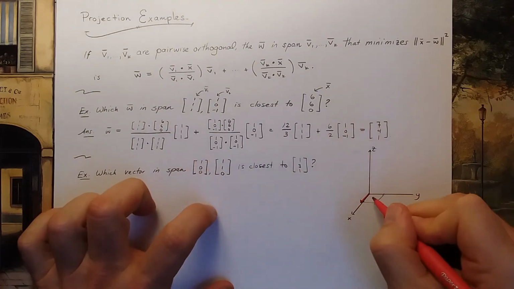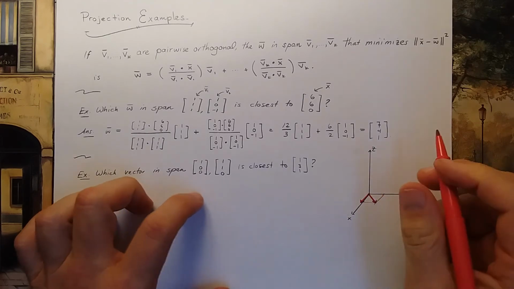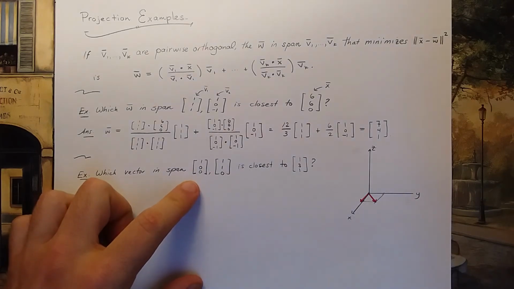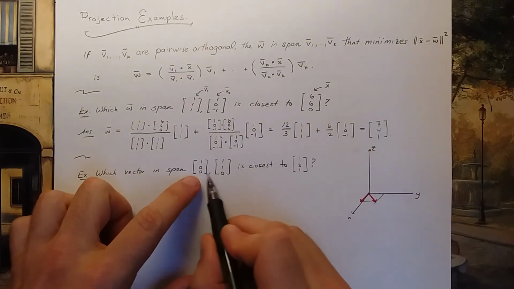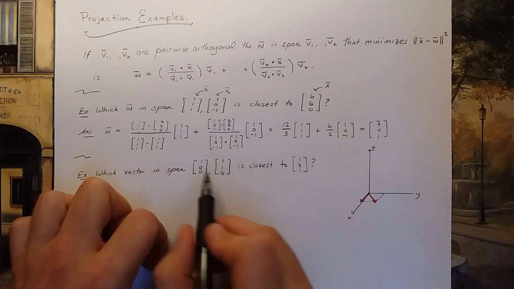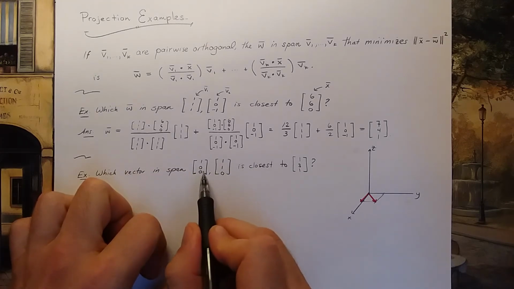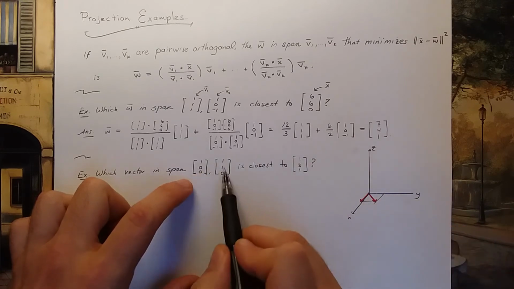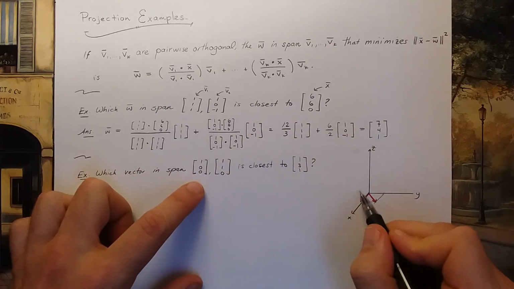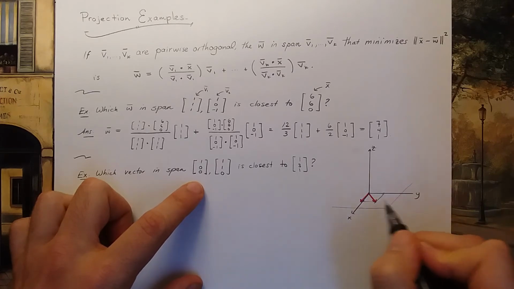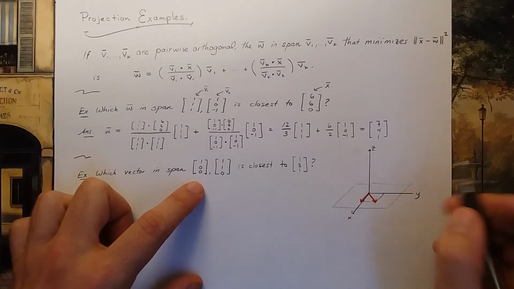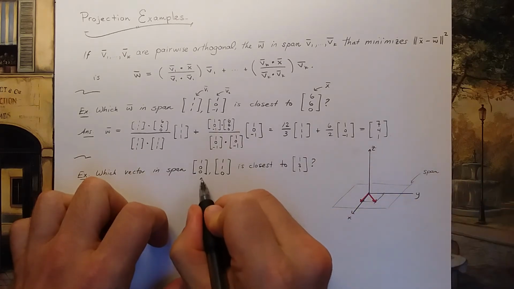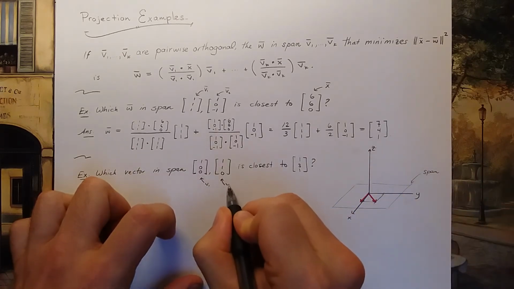So the vector 1, 1, 0 could be the second red vector. The span of these two vectors is all possible linear combinations of them. Any combination of these two vectors will have third component 0. So you might be able to see that the span of these two vectors describes the xy plane. So the xy plane is the span of my vectors. Let's say that's v1 and that's v2.